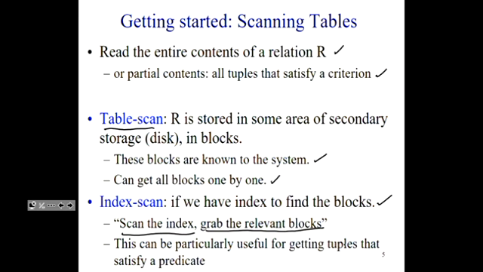So if you want all of the tuples of students who are in the CS major as opposed to the other majors, you can use an index to find all of those tuples. This will require looking at much fewer blocks than if you were to do a table scan. Okay, so this is the second approach, which is using an index.